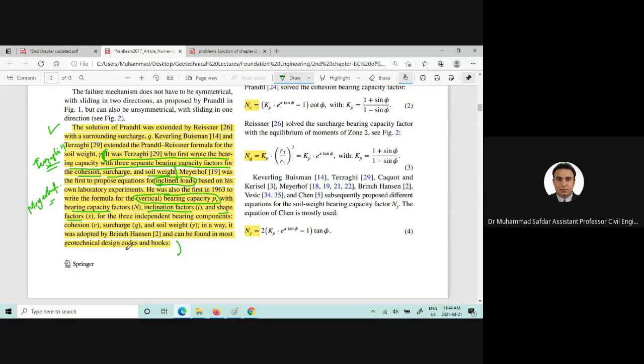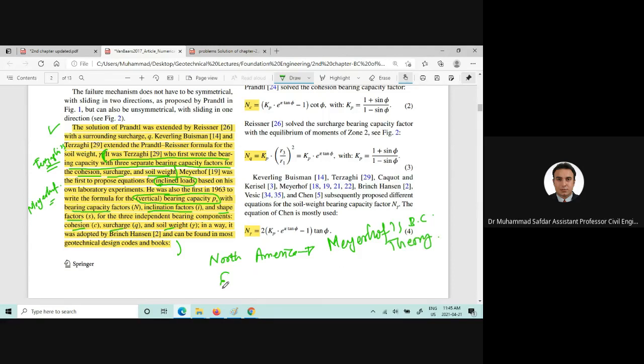Due to the inclination factors, shape factors, and also considering the movements there, in North America most people use, or even here in Pakistan as well, use the Meyerhof bearing capacity theory.